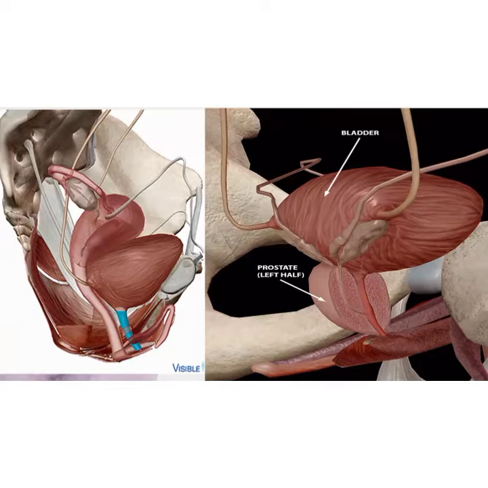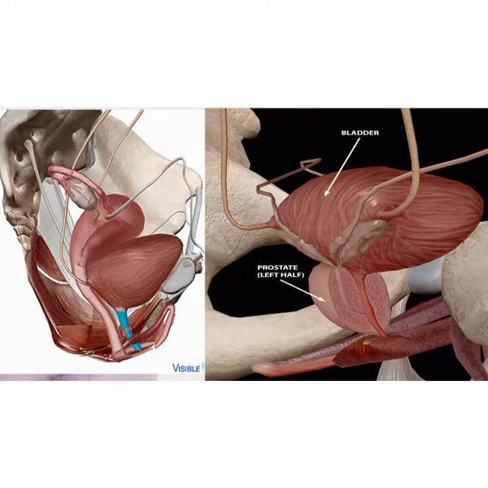And see the relations of the base. In female, the uterine cervix, and this part is the cervix of the uterus, is related to the base, and the vagina, this upper part of the vagina, is related to the base of the urinary bladder in case of female. In case of male, the lower part of the base is related to the seminal vesicles.